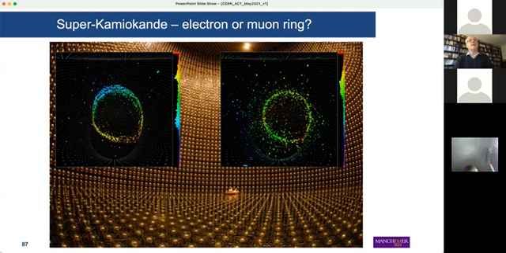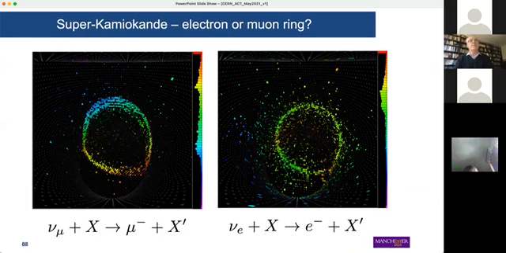Well, it's not only the diameter of the ring, it's also the fuzziness in the number of photons and how they are spread out, which helps to identify. On the right is therefore an electron, and on the left is a muon ring. Of course, this is done in a more sophisticated way using algorithms.